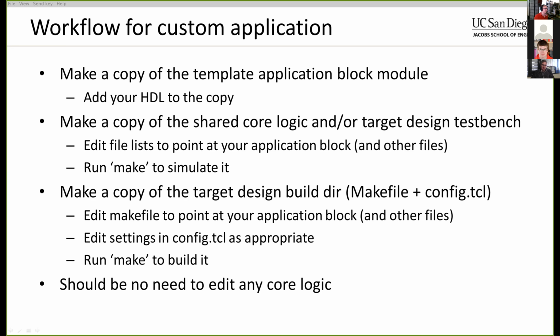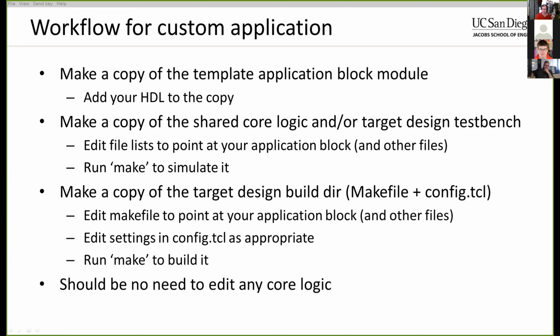Pretty simple. And then you edit the file list to point it to your application block and any of the code that you need. And then you run make to simulate it. Simple. And then if you want to run your application logic on a particular FPGA board, if it's already supported, it's easy.